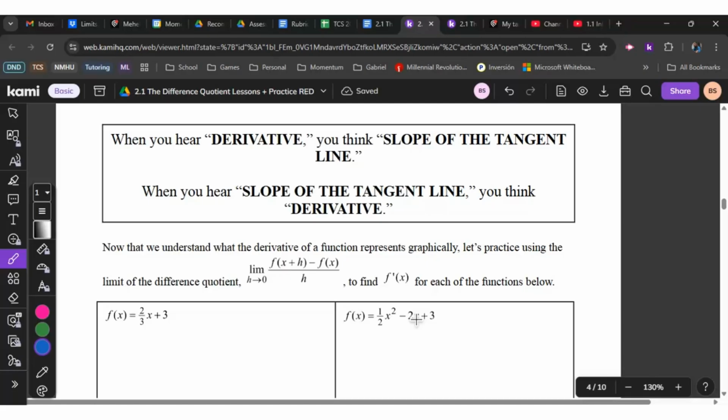Right. So when you see derivative, think slope of the tangent line, and when you hear slope of the tangent line, think derivative. That's okay. Wasn't great. All right.